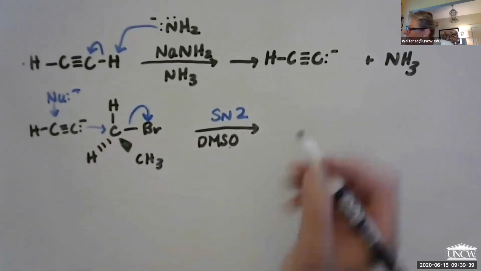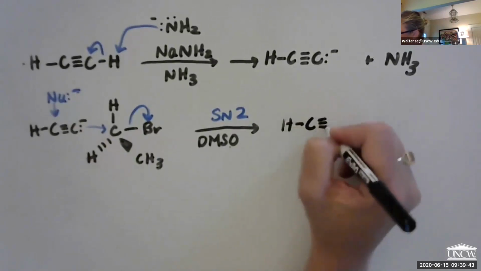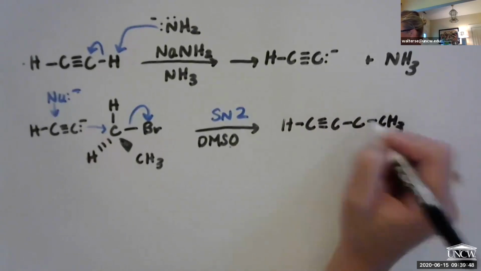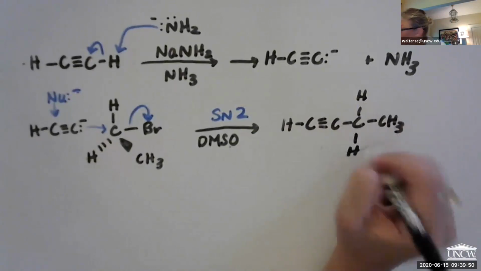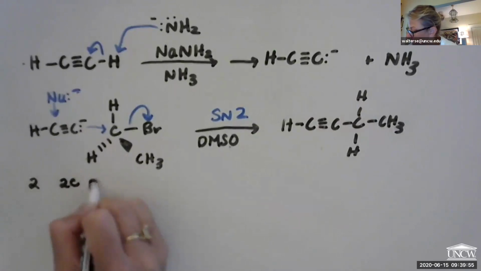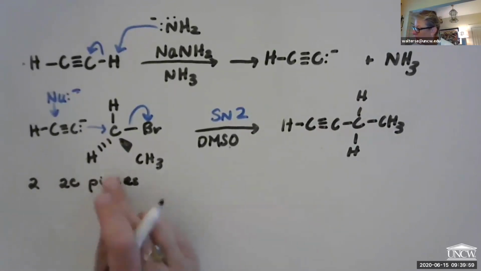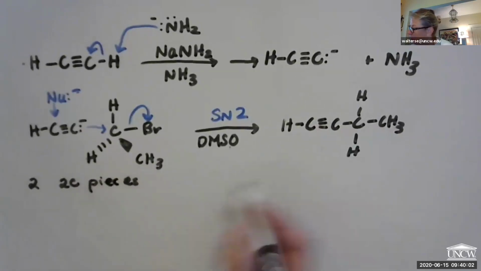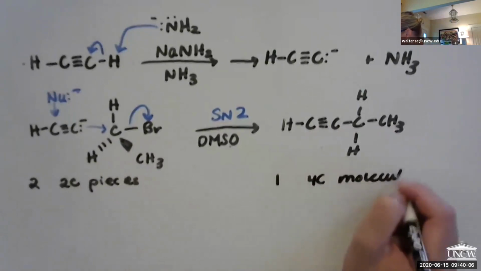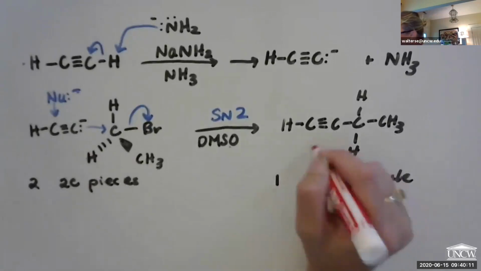Then your product becomes this. So you've gone from two carbon pieces to one 4-carbon molecule that still has a triple bond in it.